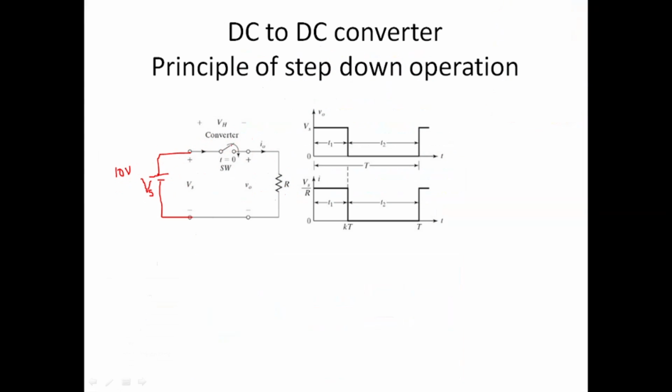When the switch is open like this, there is no connection between the load and source, so the load is receiving zero current, or I can say that the load is completely detached from the source. So this is open circuit.